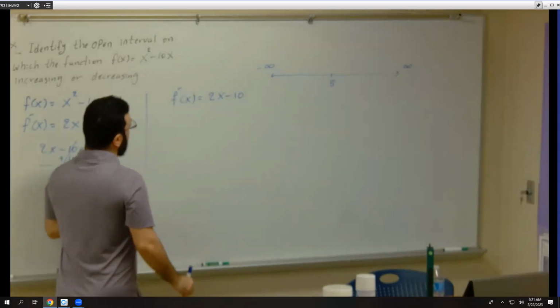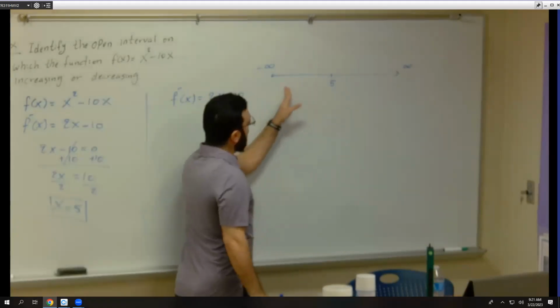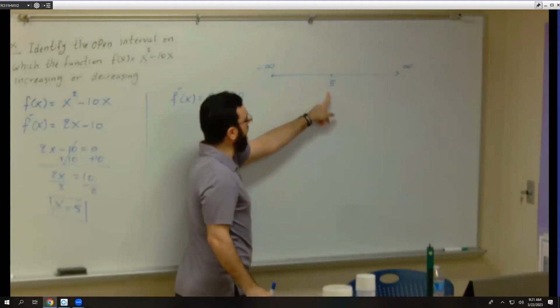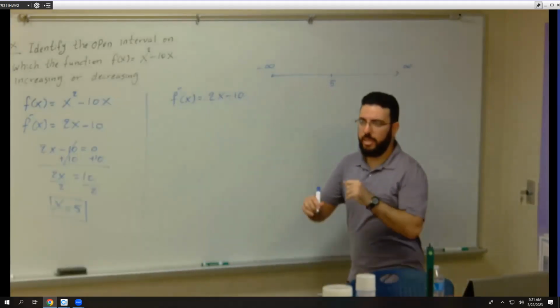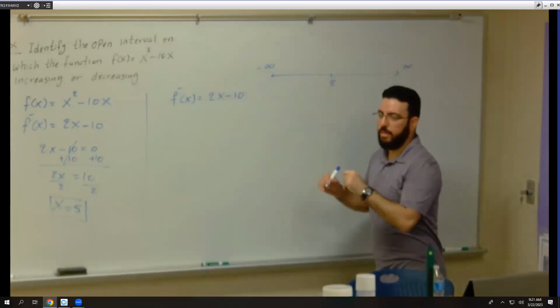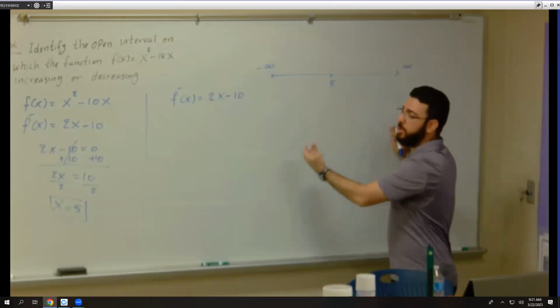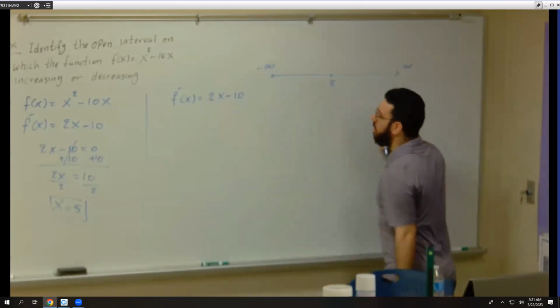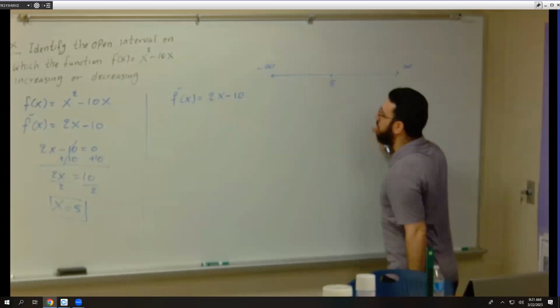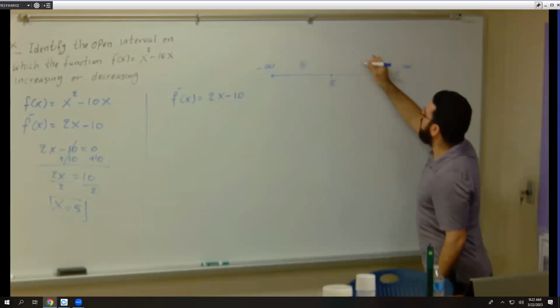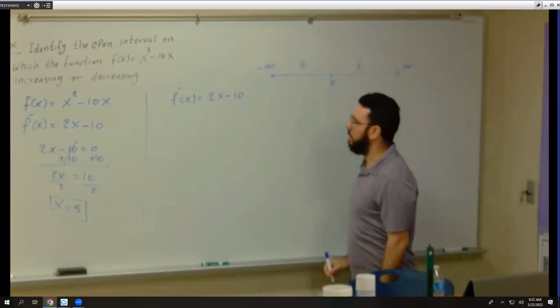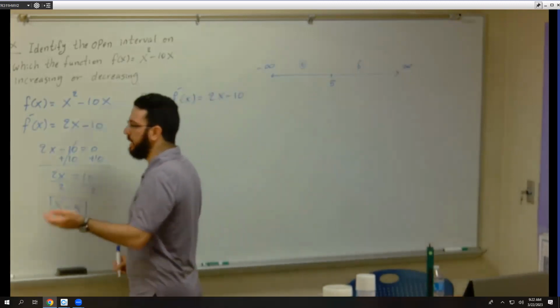So now I'm going to choose any number less than 5. You can choose any number, but I'm always choosing 0 because it's easier to plug in. And here you can choose 6. It doesn't matter, 6, 7, 8, 100.